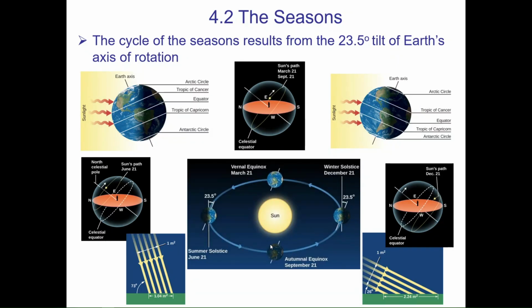On those 2 days, it's not as hot as in the summer, not as cold as in the winter. You can see the sun spends about half a day, about 12 hours, above the horizon. So the day is not too long and not too short.